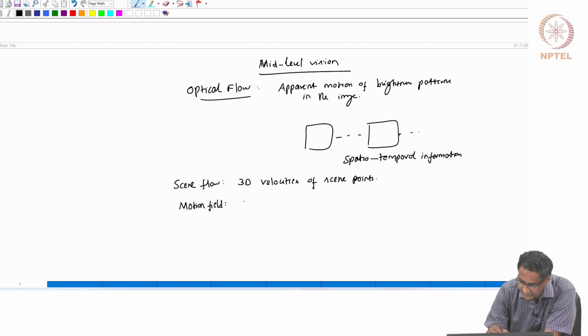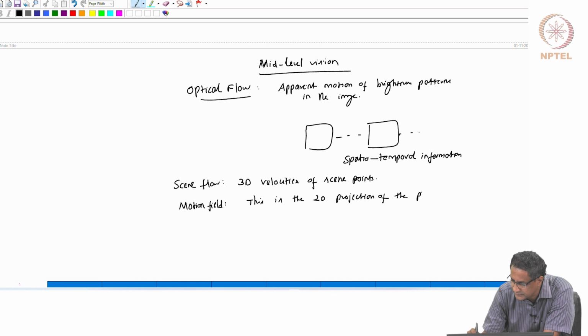The motion field is the 2D projection, on the image plane, of the physical movement of points in the 3D world.